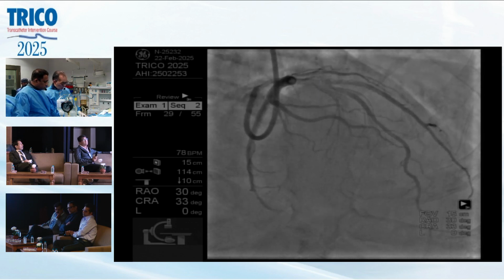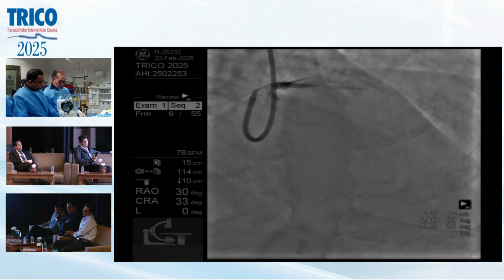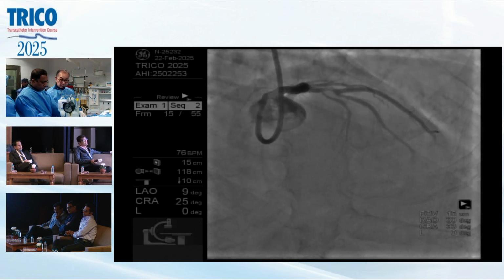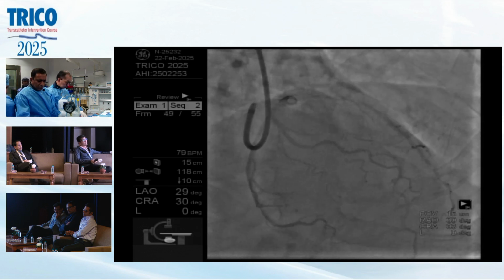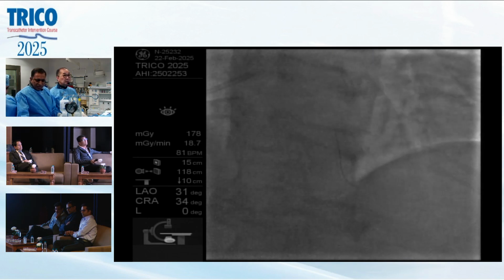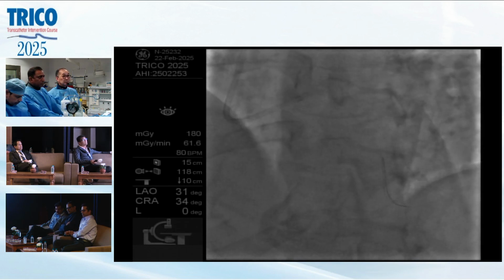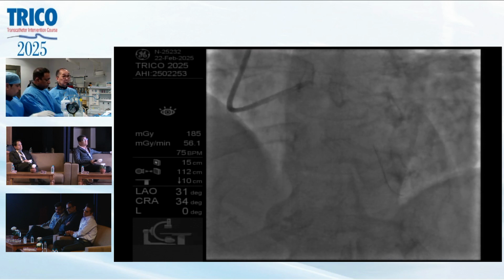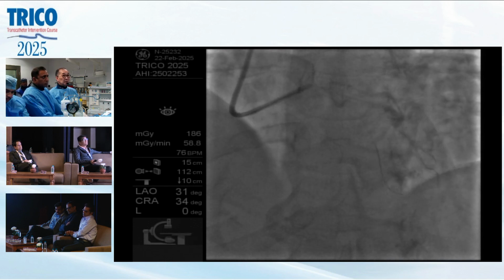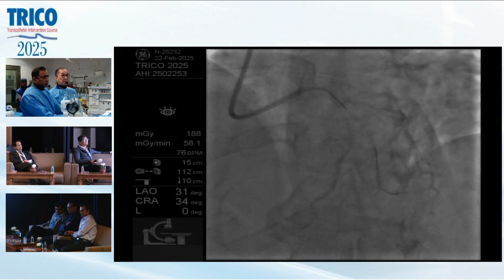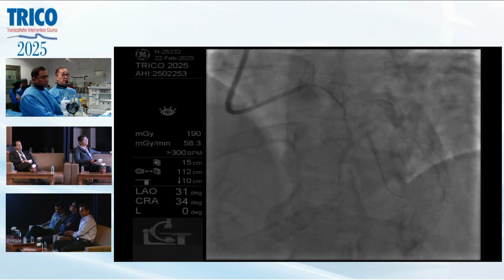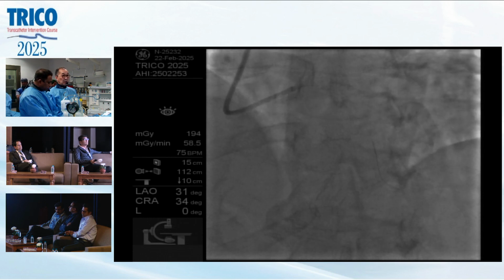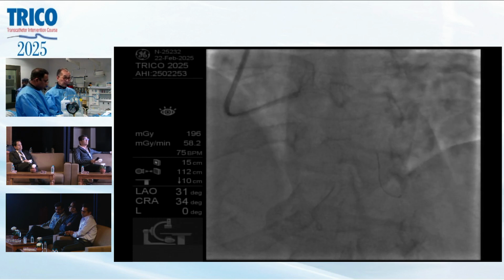Can I do the aerial view? So I think one's an LAD, one's a diagonal. Or there's a dual LAD system.